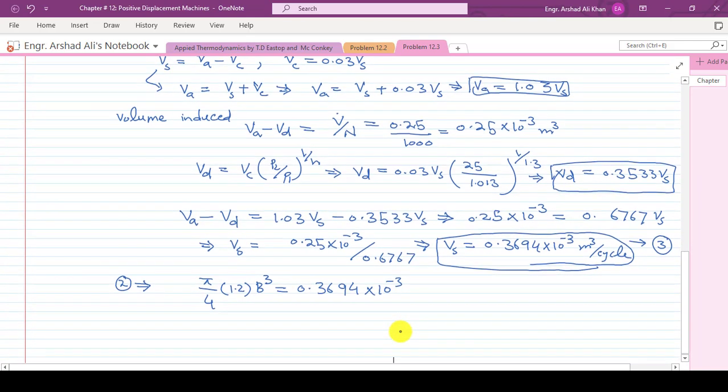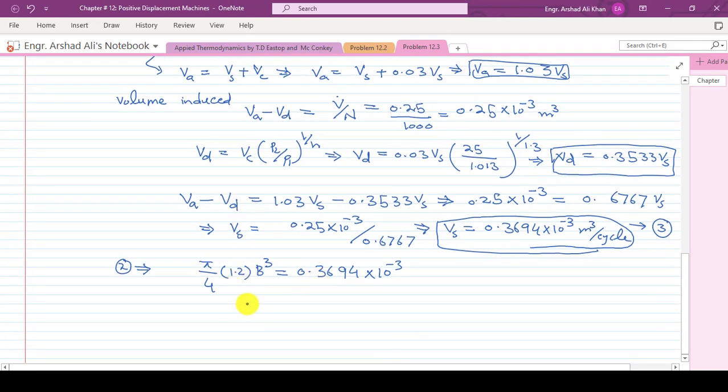So solving it for b, B comes equal to 0.0732 meter, while in millimeter it becomes equal to 73.2 millimeter. So the value of bore is 73.2 millimeter.